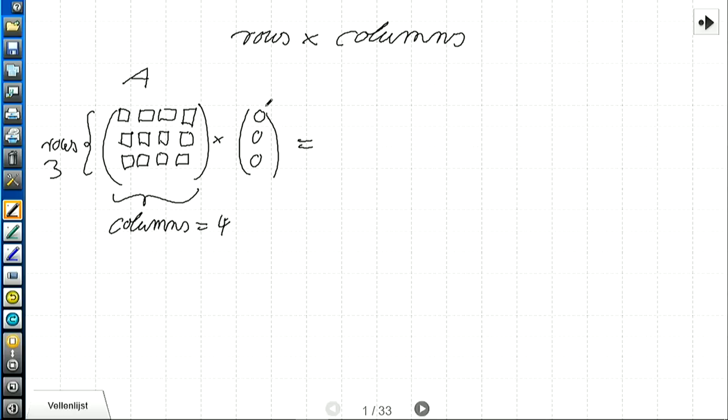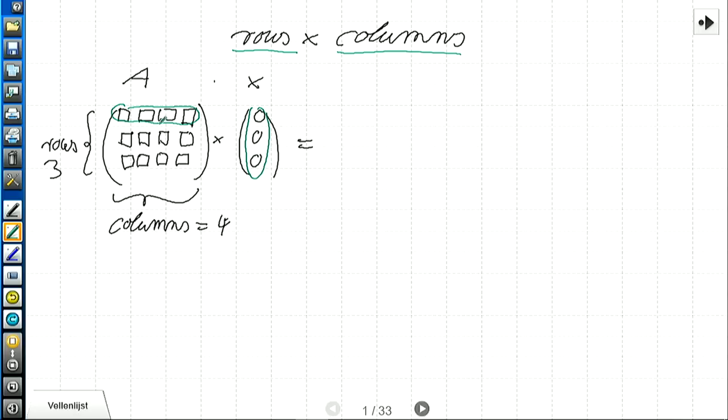And the question is, usually, is this multiplication possible? So the first question is, how do we multiply? We always do rows times columns, which means I always take a row here and multiply by the column there. Now the first thing you have to check is, do the sizes match?